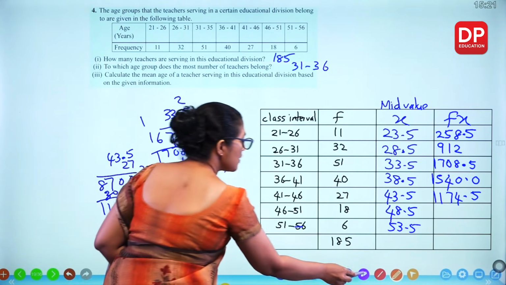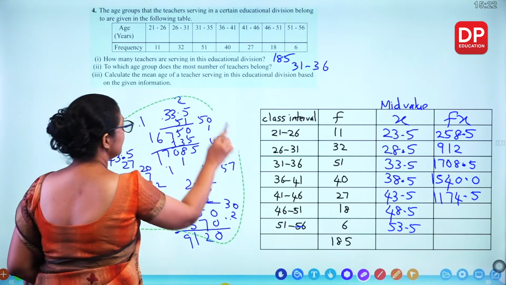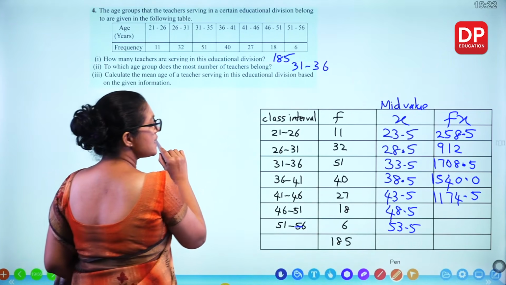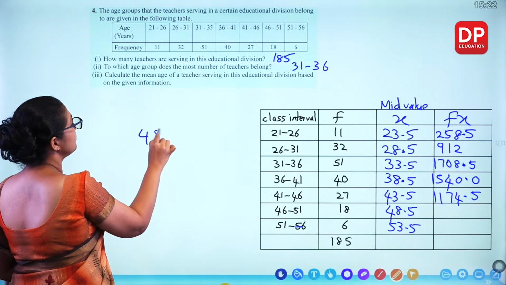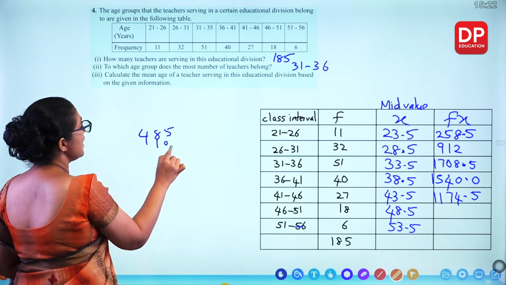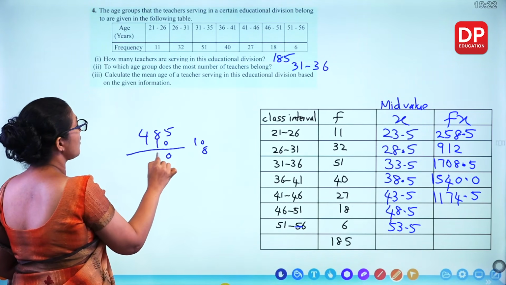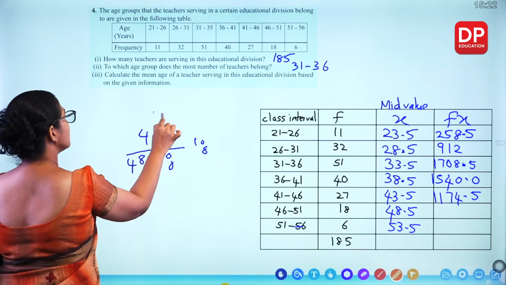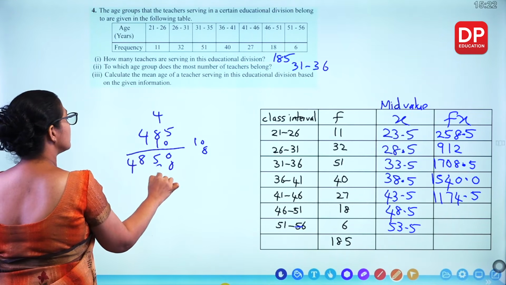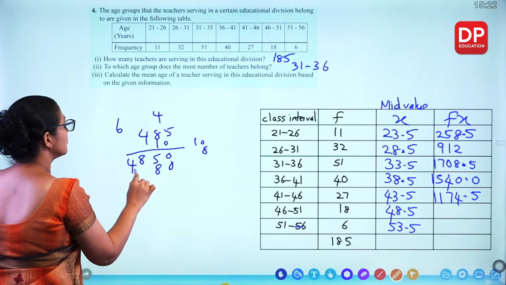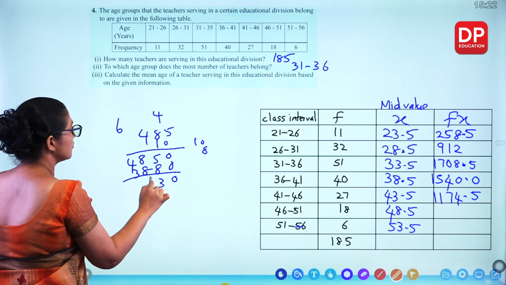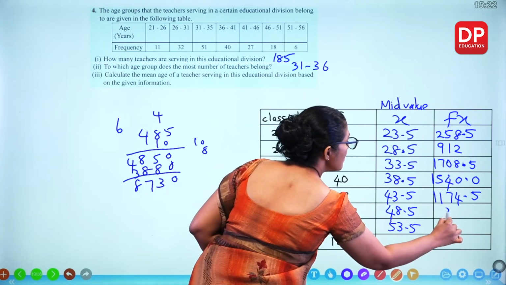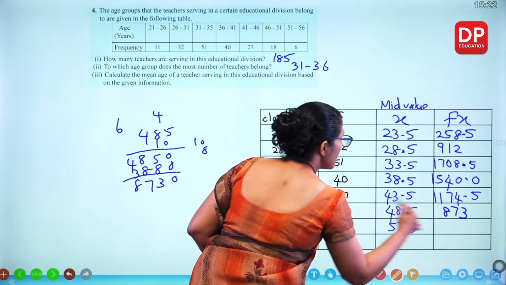18 times 48.5. I'll erase all these. 10 and 8. 873 is the answer.